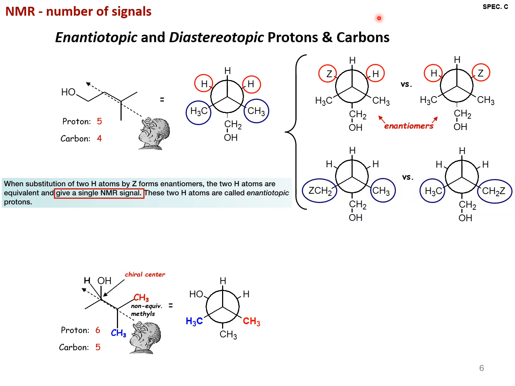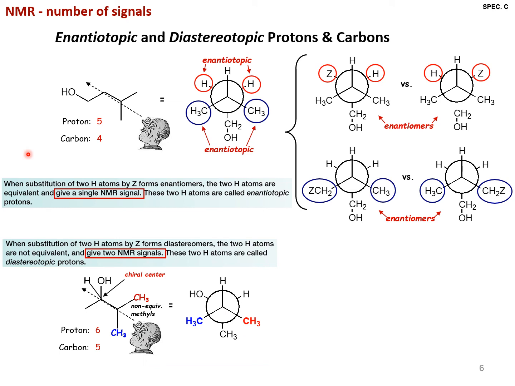If I substitute the hydrogens on the methyls circled in blue with a group Z, I end up again with enantiomers. Right, we know that enantiomers will have identical NMR spectra, so therefore the hydrogens attached to these carbons are said to be enantiotopic, and they will give a single NMR signal.